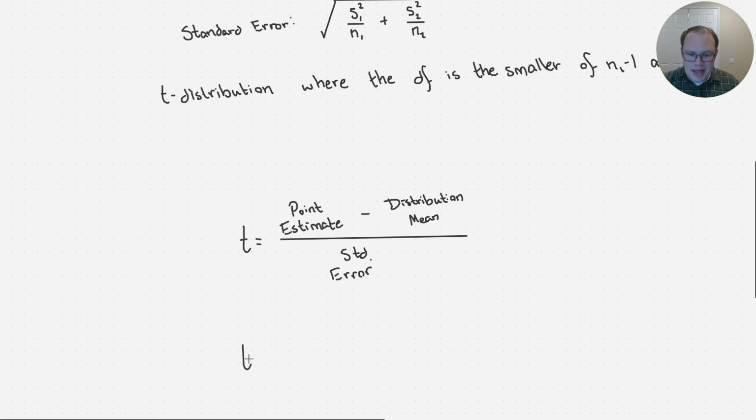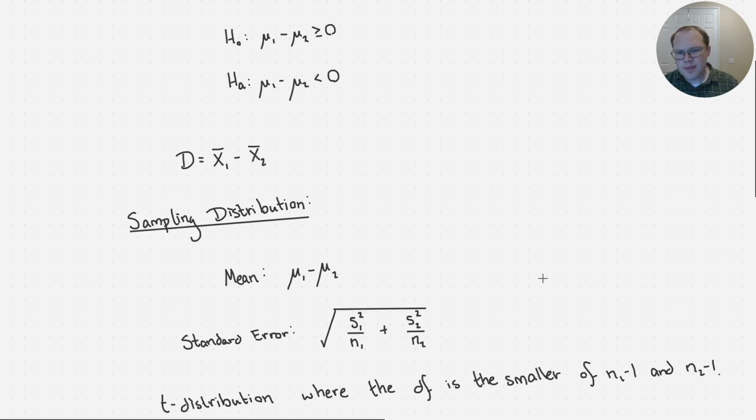So what would that look like in this case? What's our point estimate? Well, the distribution we're looking at is the distribution of this random variable d, the distribution of the difference of the sample means from two samples from our two different populations. And this is what we are hoping to estimate.